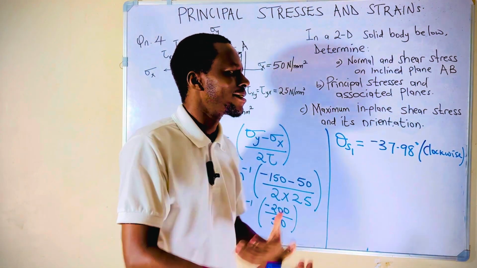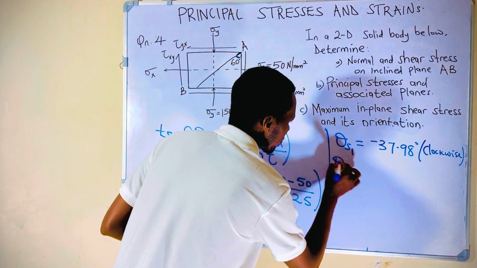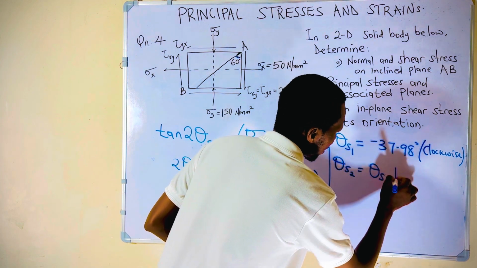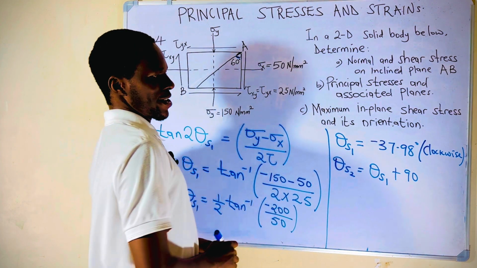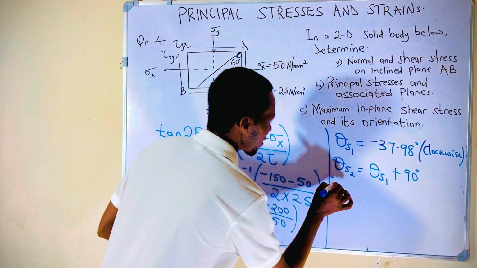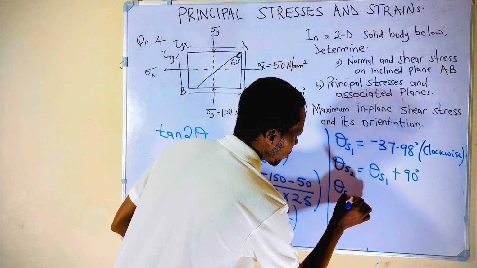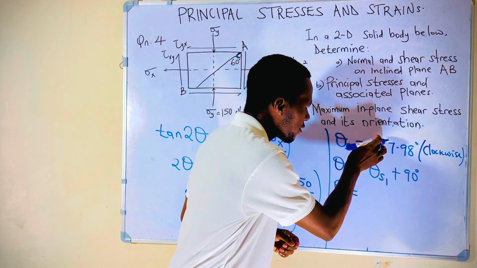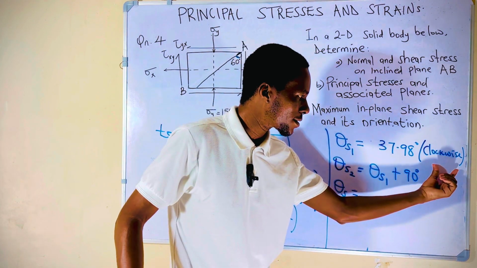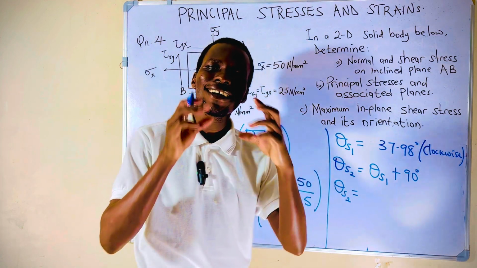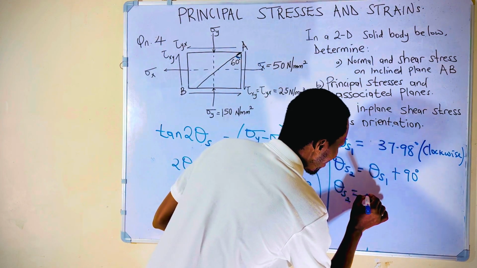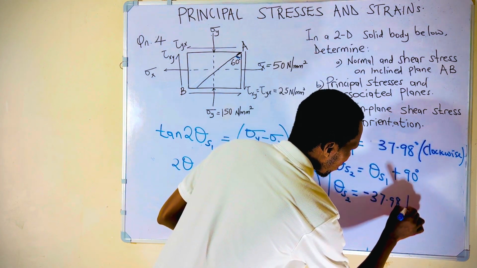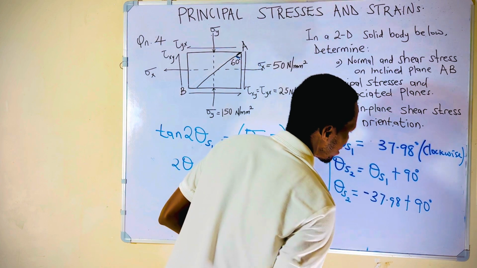But if you're calculating theta S2, theta S2 is equal to theta S1 plus 90, right? Good. So what takes place is that theta S2 is going to be, please, even if you had forgotten, if you had erased this, then you've written here clockwise, in your calculation, please carry that negative, so that this will be negative 37.98, then plus 90 degrees.